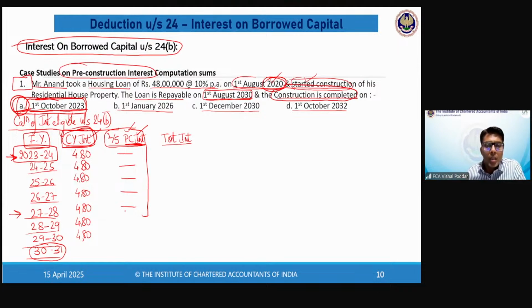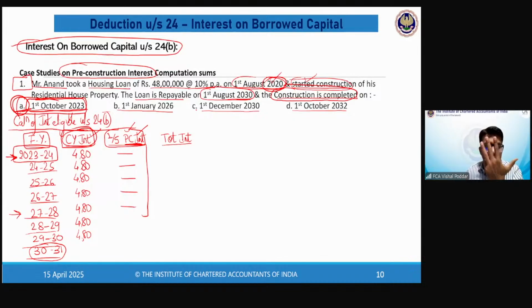However, in the year 3031, since my loan will be repaid by 1st of August 30, so in 3031, I won't be paying, or I won't be having the whole year interest. I will be having interest only for April, May, June, and July. Only for 4 months I would be having interest, because my loan is repaid on 1st of August.